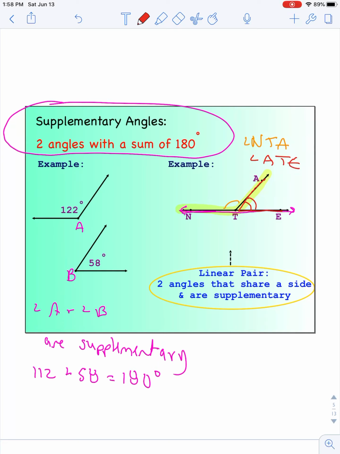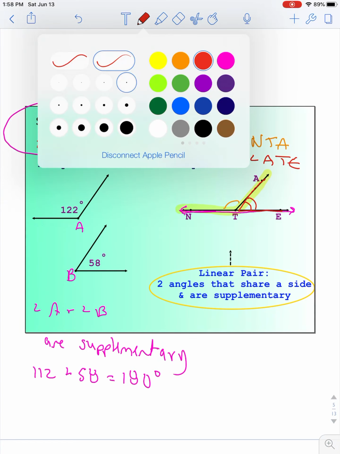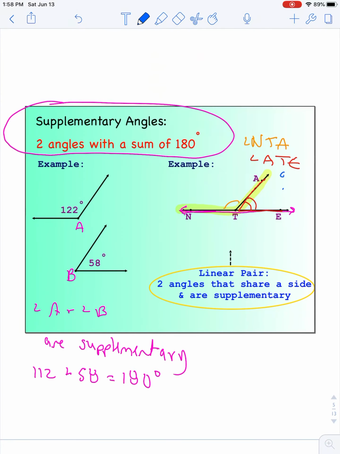They are an example of a linear pair. And that is an example of two angles that are also supplementary. So those two angles are a linear pair. That is this specific piece right here.